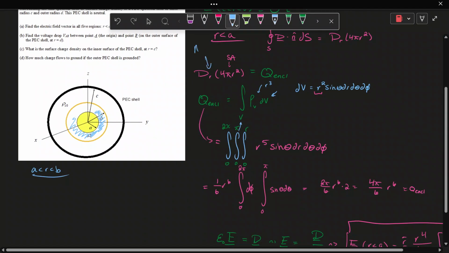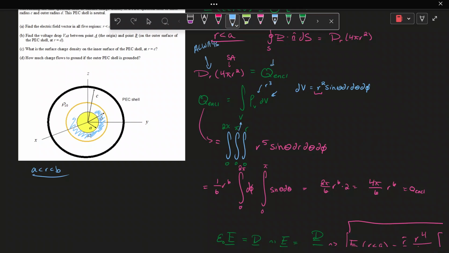This is always true. The enclosed charge is the only thing that can change. So has it changed? Well, no, it hasn't. Because now the only charge enclosed in between a and b is the light yellow spherical charge.